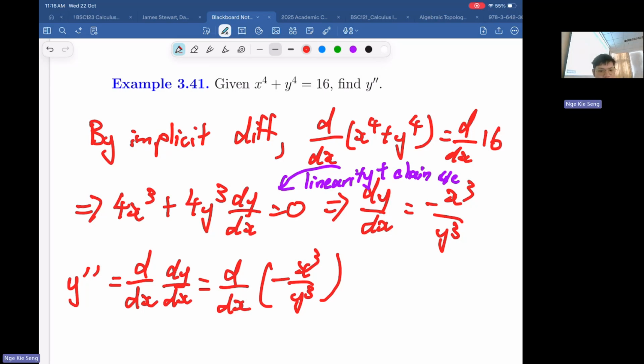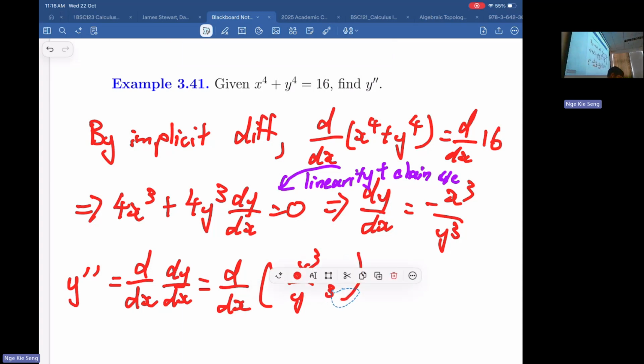I think in this step there's no implicit differentiation, right? This is just differentiating another function.